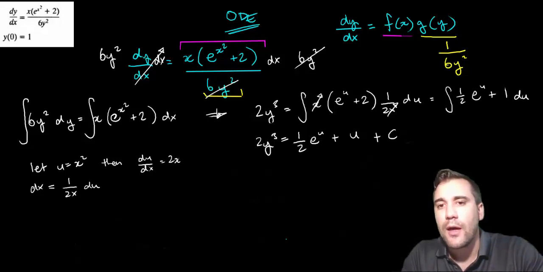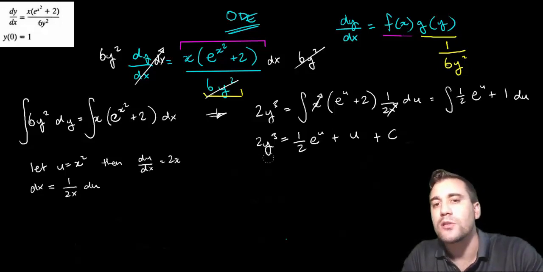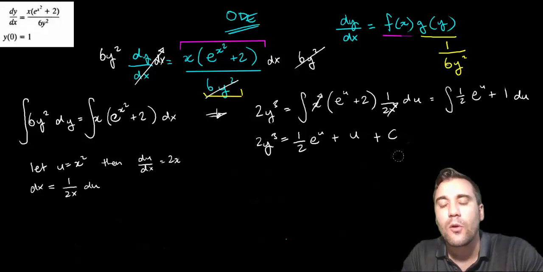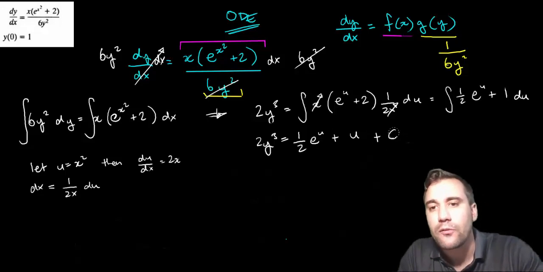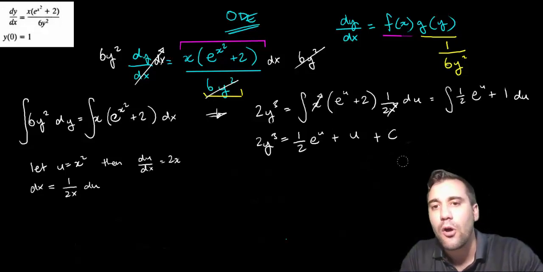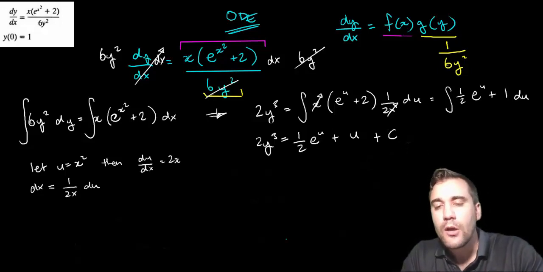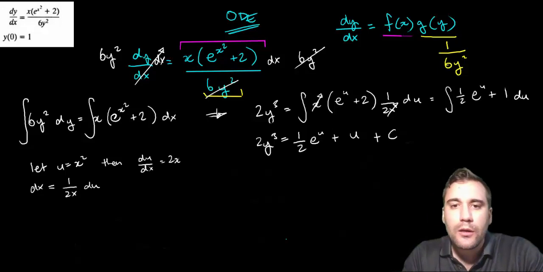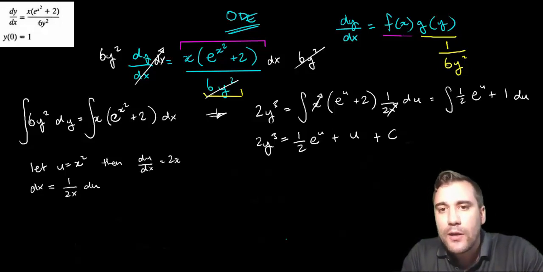The reason being that we are then going to have to transpose this to get a solution for y, get this equation in terms of y, and so there's going to be some operations done on the c, so we need to have added the constant of integration immediately after doing the integrals and not later on. So now we can substitute back in our x squared wherever we see a u.